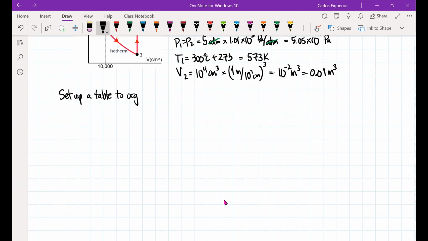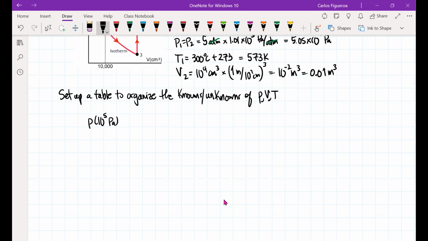So now I'm going to set up a table to organize the knowns and unknowns of pressure, volume, and temperature. Looking at my units, my pressures are going to be in units of 10 to the 5 pascals.